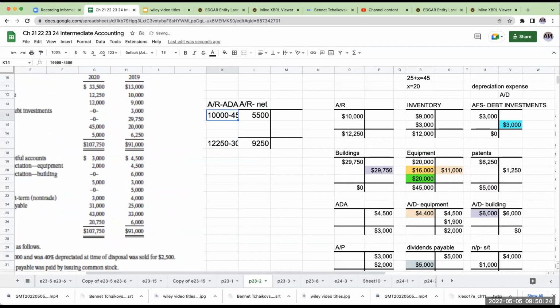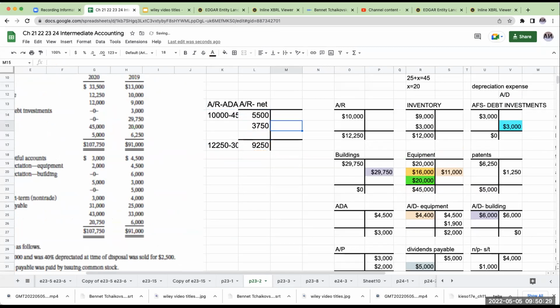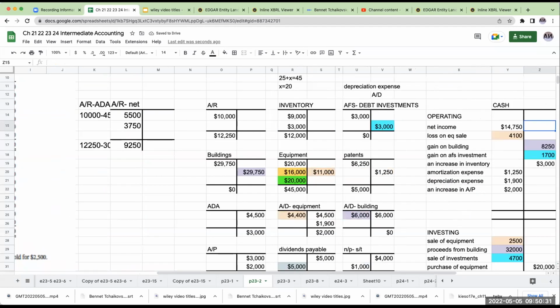What do I need to do to balance? Well, I need 3,750 to balance. And then over here, I would say, all right, 3,750, and this is an increase in accounts receivable, net. I absolutely do not like what they've done in this question.